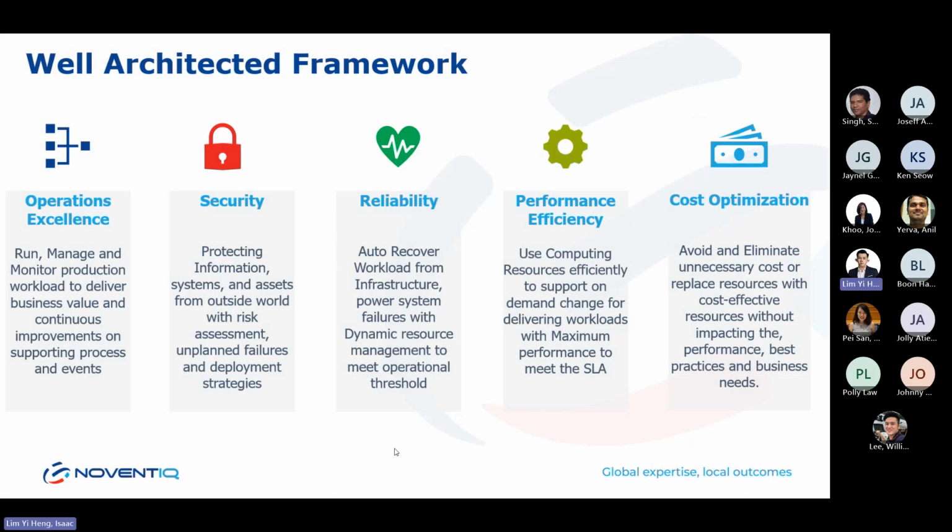The first key pillar focuses on operational excellence, which emphasizes running the production workload, managing the workload, and also monitoring the workload so that we can deliver the business value and always continue to improve on the supporting process and event. The key elements here are process workflow efficiency, resource manageability, and the deployment best practices that we are following.